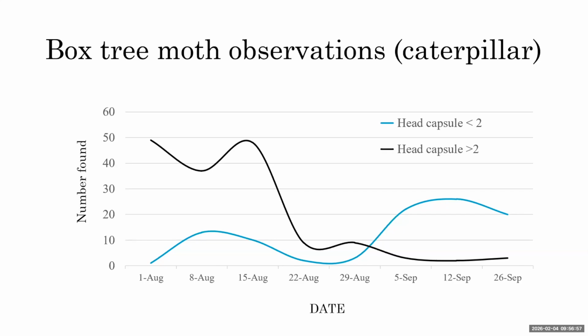Get into September, and it switches from being large caterpillars to mostly smaller caterpillars. And by the 26th of September, we're starting to see even the small caterpillar sizes decrease. That's because as they make their hibernacula, they take those leaves, pull them in a nice little triangular pattern and wall it up.